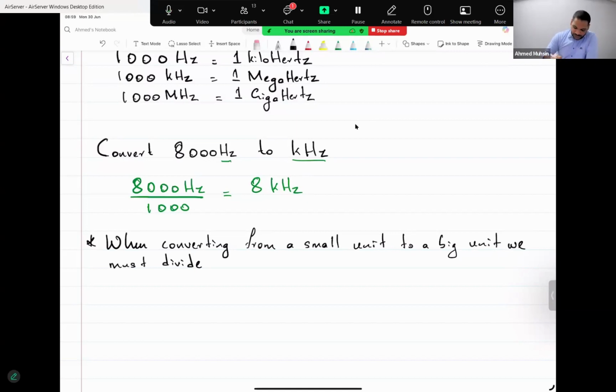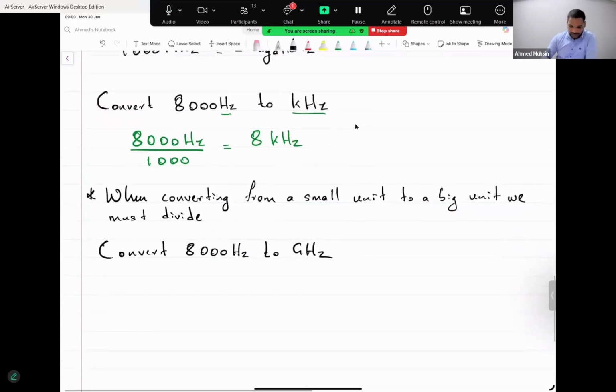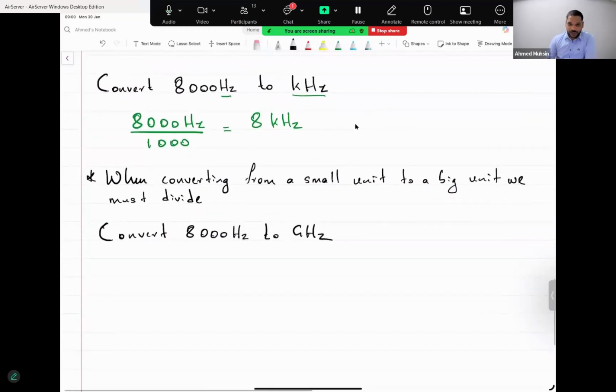So if I were to give you the same question, convert 8,000 hertz to gigahertz. Exactly. So now how does it work, guys? You have to keep dividing now.